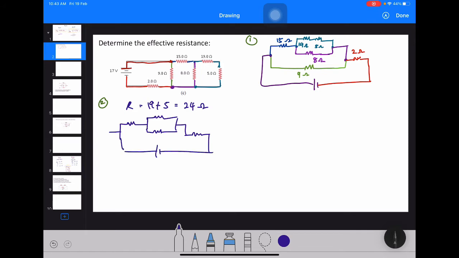Okay, this one is exactly the same circuit as this one. Tertinggal satu. Okay, that one actually combine with this one.